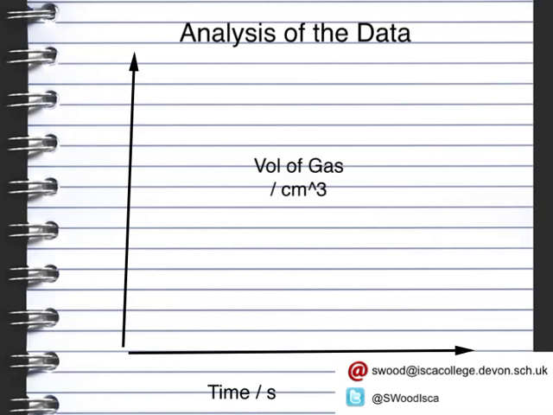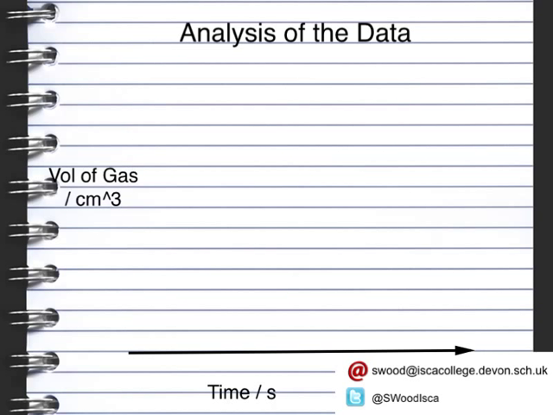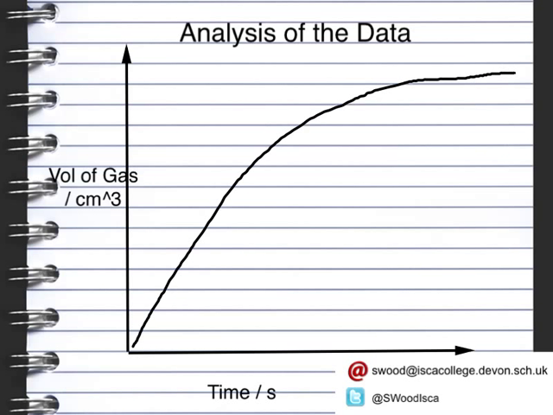I'm just going to adjust this slightly here. Now, if we were to plot, I'm going to delete that line because it's not very straight. If we were going to plot our data, we'd end up with a graph initially looking like this.